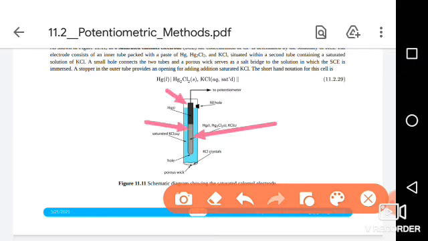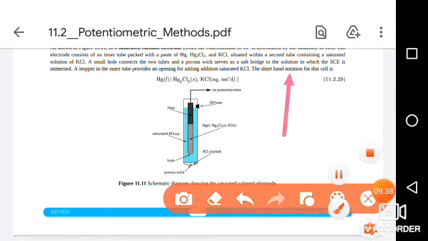Here the mercury paste is there, and here some crystals of KCl are there, and here one hole is there, and here the saturated KCl is there. Such type of arrangement is used in the preparation of the standard calomel electrode.